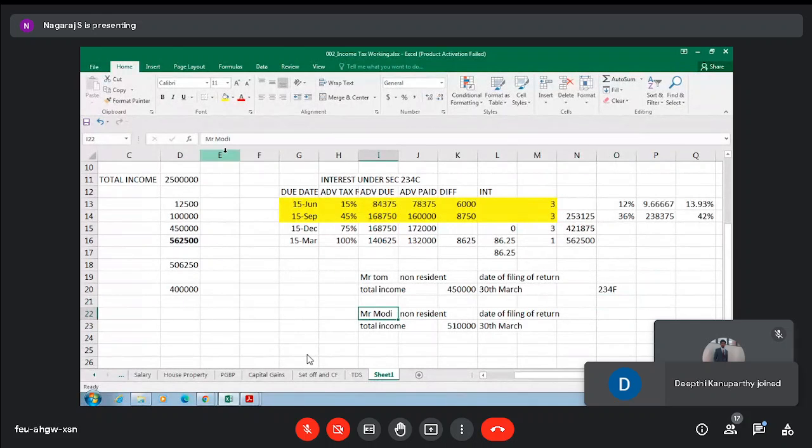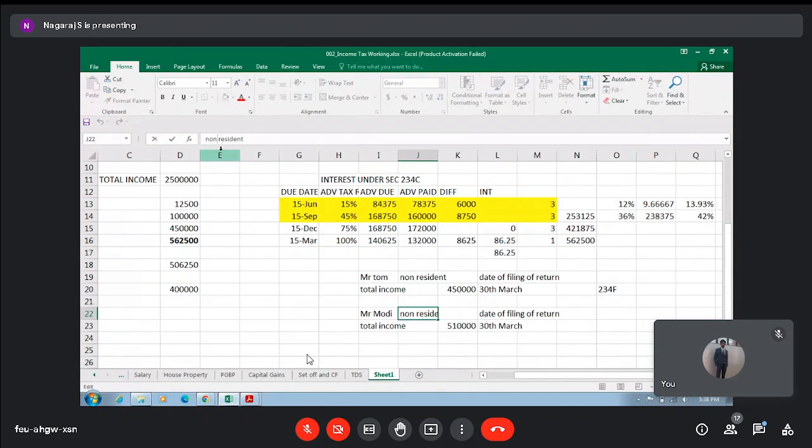If Modi becomes resident and his tax liability is 4,90,000, then the late fee is 1,000. Okay. Can you guys calculate 234A?